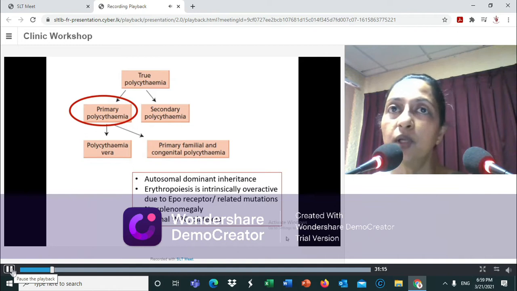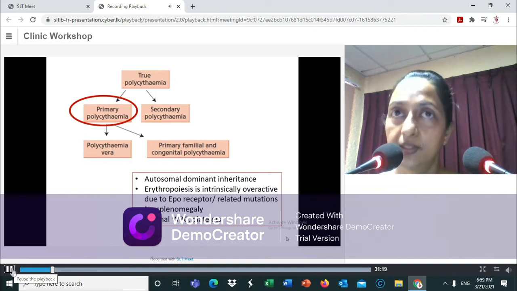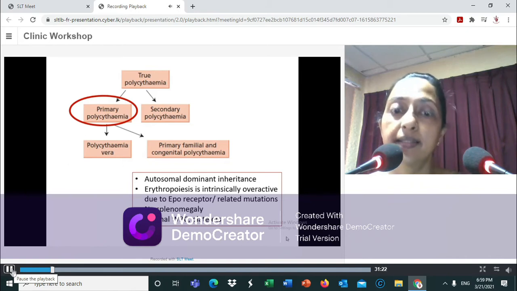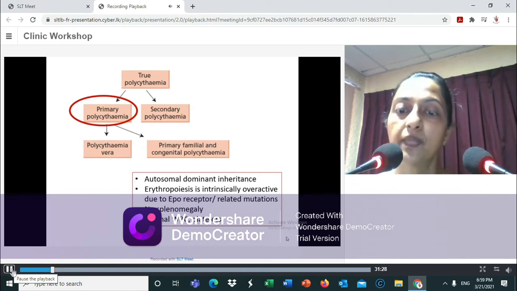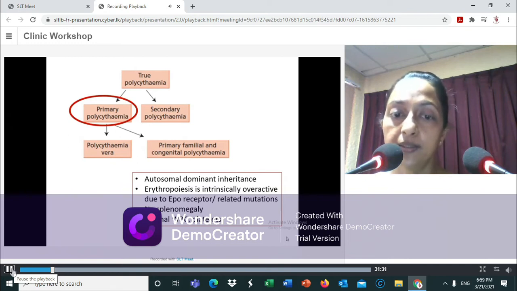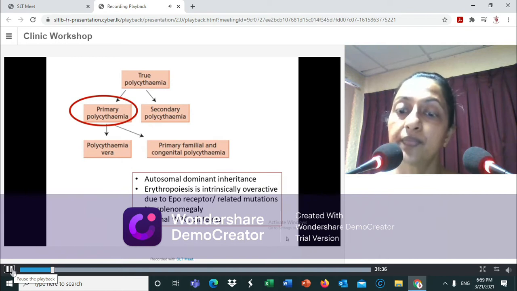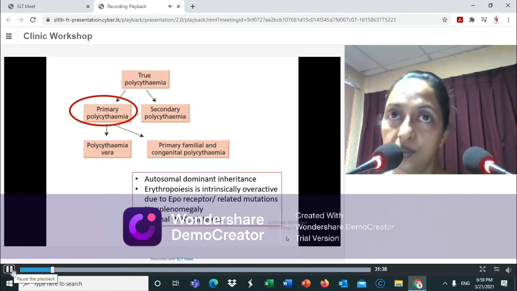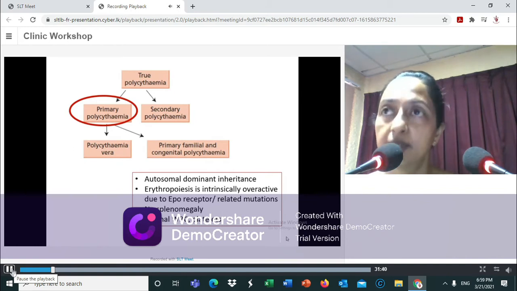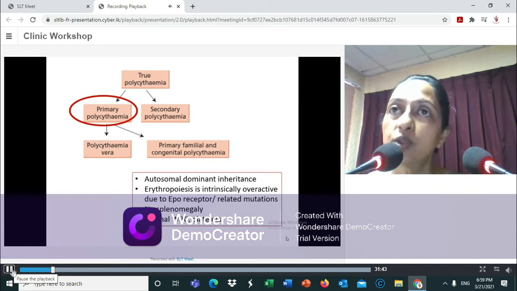Primary polycythemia can be due to polycythemia vera, which is the common cause, and there are rare causes which are called primary familial and congenital polycythemia. These are autosomal dominant and erythropoiesis is intrinsically overactive. There can be mutations either in the erythropoietin receptor or in related molecules. There is no splenomegaly, and WBC and platelets are normal when compared to polycythemia vera.